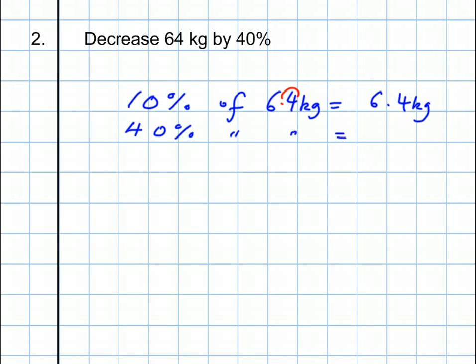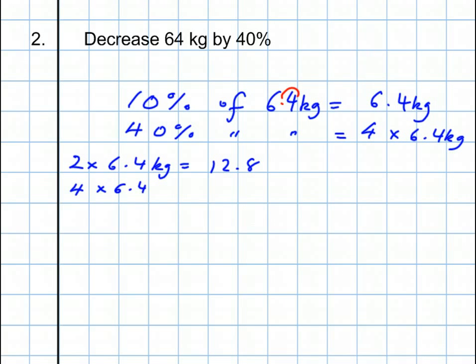Well, it's going to be 4 times 6.4 kilograms. Now, 2 times 6.4 kilograms is 12.8. So 4 times 6.4 is going to be double that, which is 25.6 kilograms.